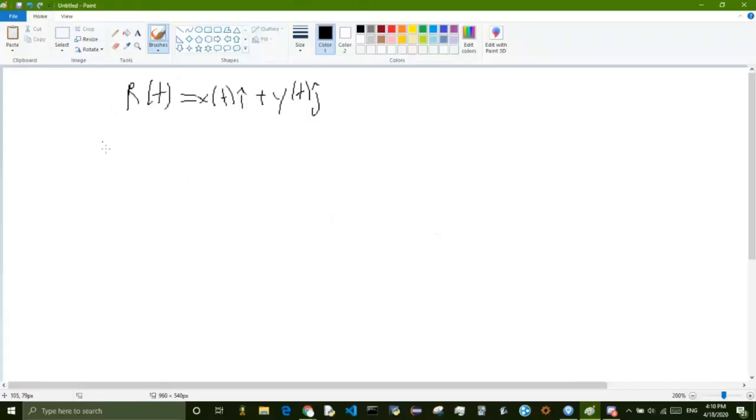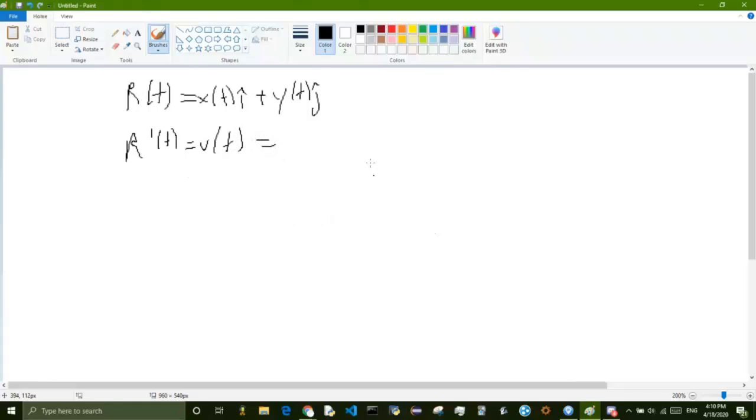So what this is saying is, if you have some position vector function r, and you take its first derivative, this is equal to some velocity function, usually as a function of t.